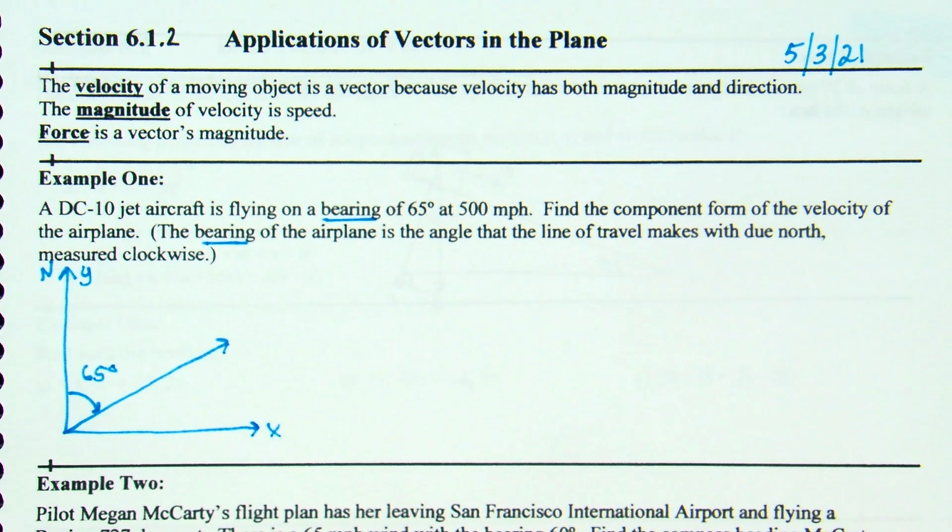But this angle right here that was 65 degrees from north represents our jet. And what else do we know about this jet? It had a speed of 500 miles per hour. Sounds a little on the fast side. Although for a jet, who knows, that could be slow. I really don't know a whole lot about the speeds of jets. So, okay.